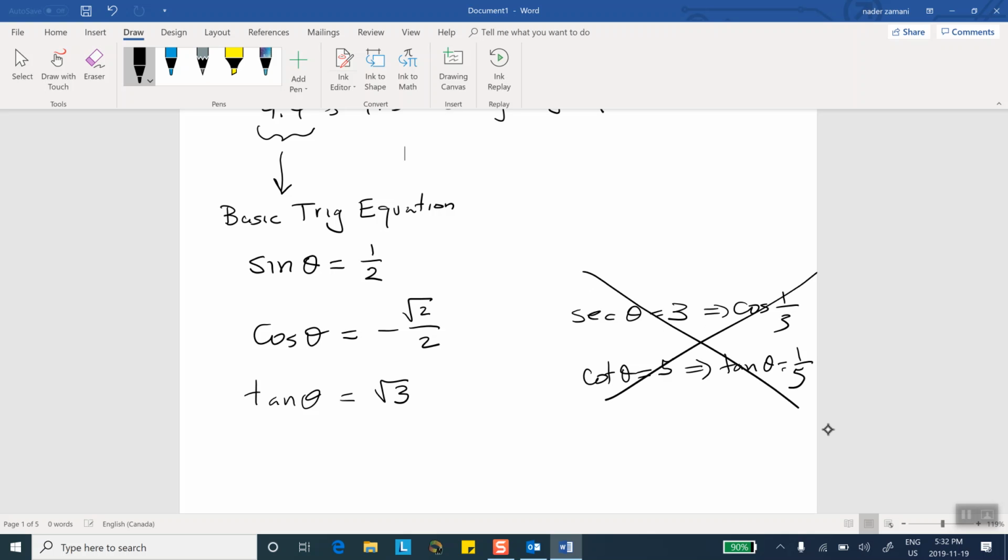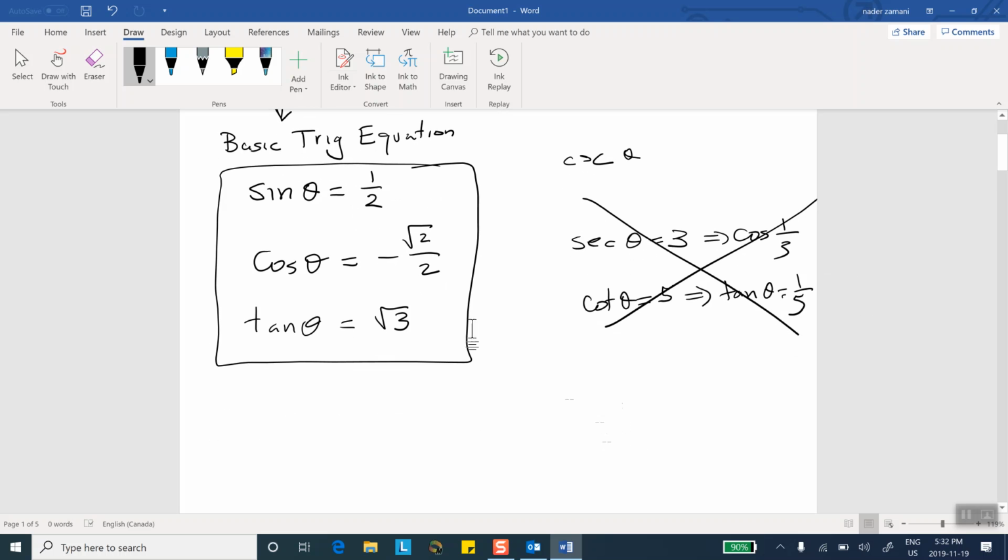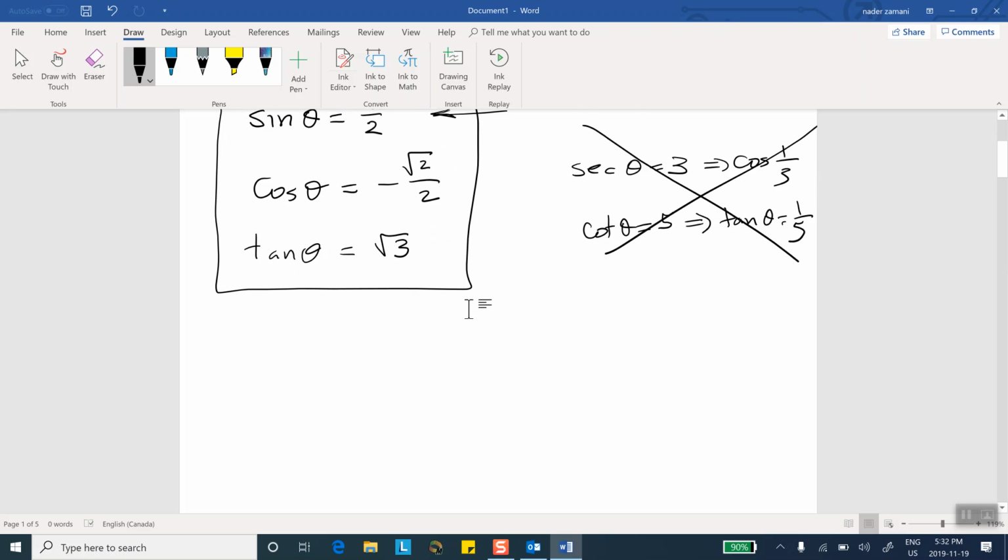So this is why we're not going to worry about cosecant, secant, and cotangent. This is the only type of equation that we're going to worry about. And what I'm going to do is start with this first one and do it completely and talk about it. And then maybe we go to the next one and finally the last one.